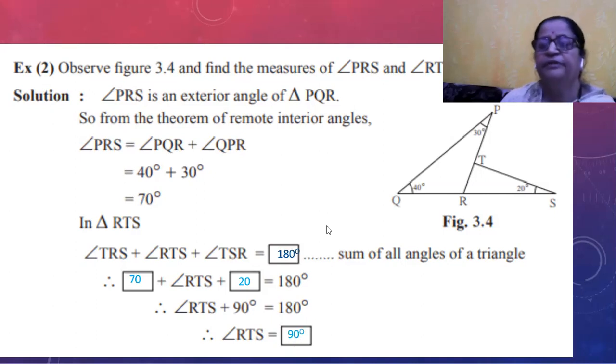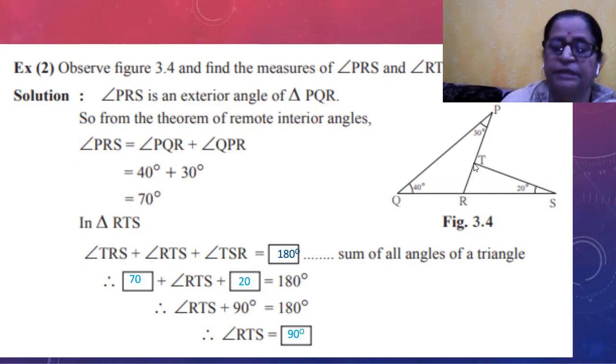So we have filled in these two angles: here we got 70 degrees and here we got 90 degrees.